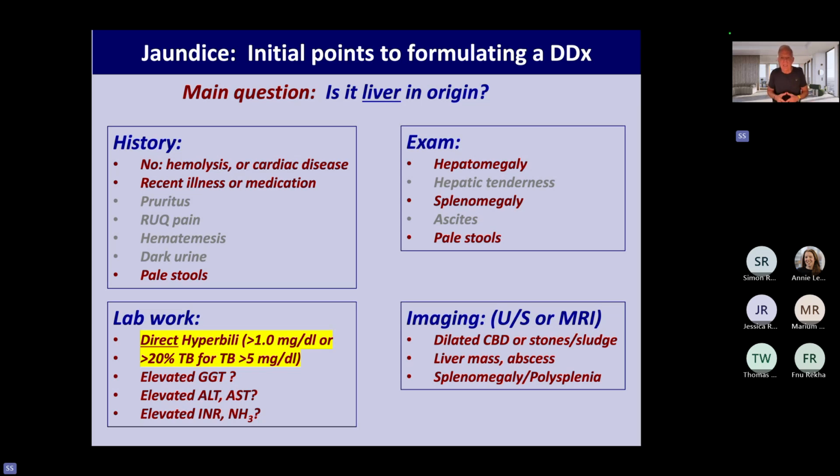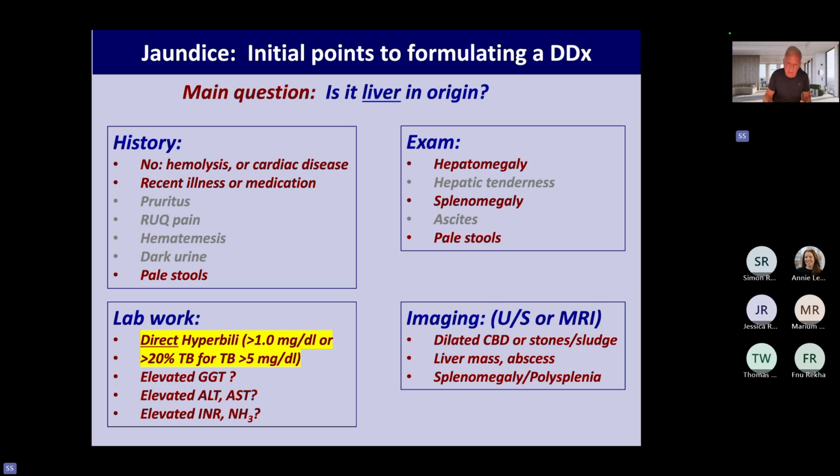What about the examination? Evidence of hepatomegaly, evidence of portal hypertension, pale stools, which indicate potentially a problem in biliary excretion. And then finally, we have the imaging studies that we can do before we get invasive about things. Is there evidence of a dilated common bile duct, stones, or sludge in the gallbladder?